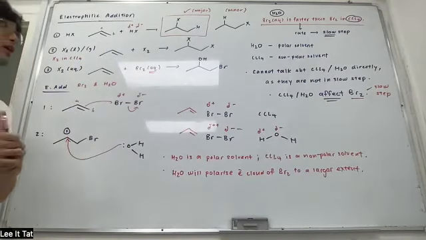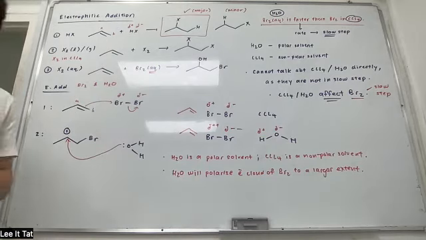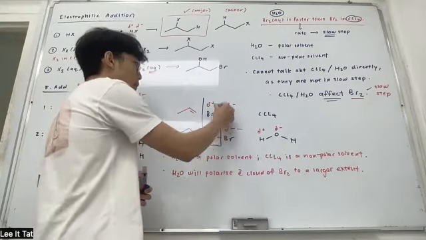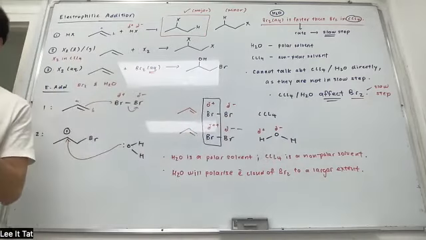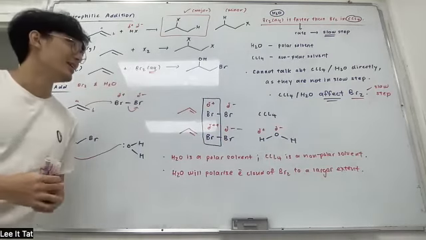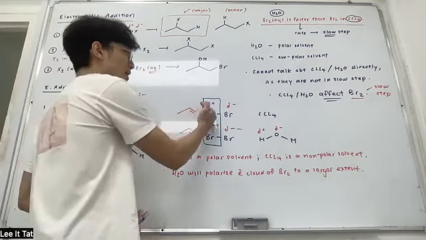So can you tell me which bromine is poorer? They are both poor, but which one is poorer? Top or bottom? It should be the bottom, actually. Can you see? This one will polarize electrons to the right.